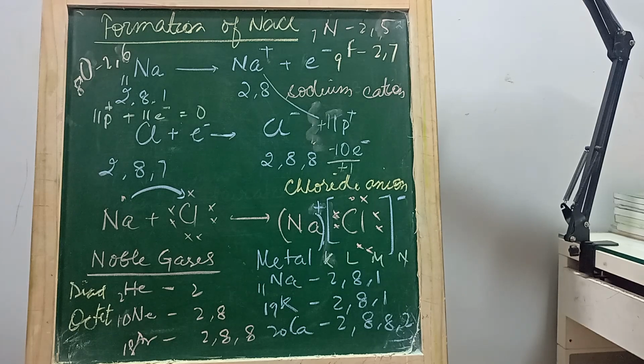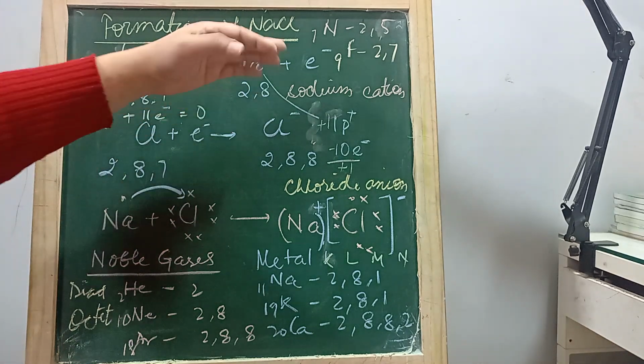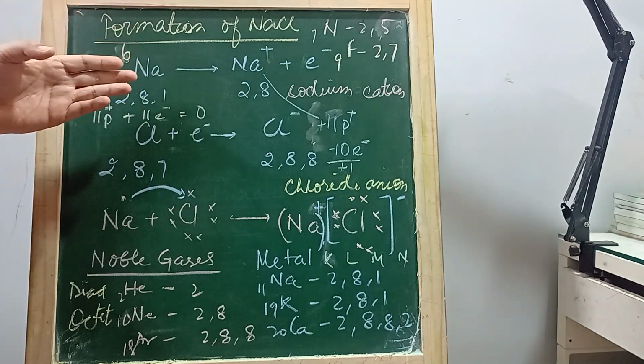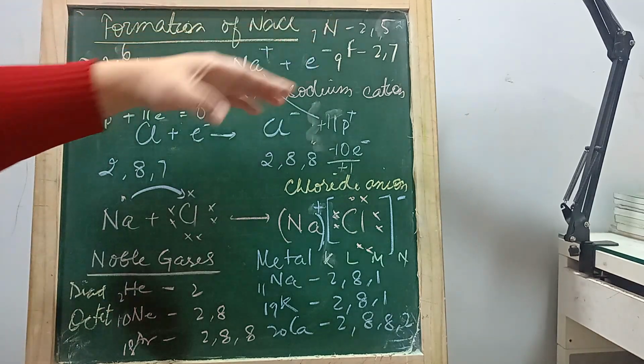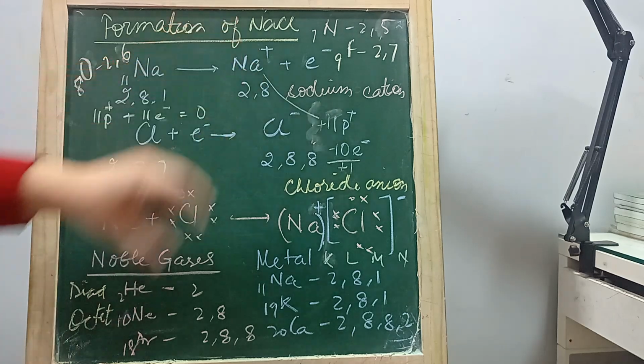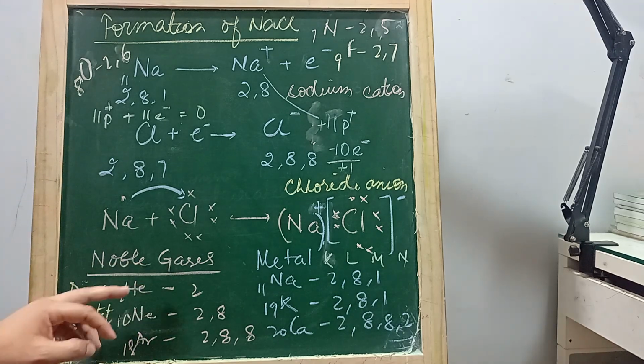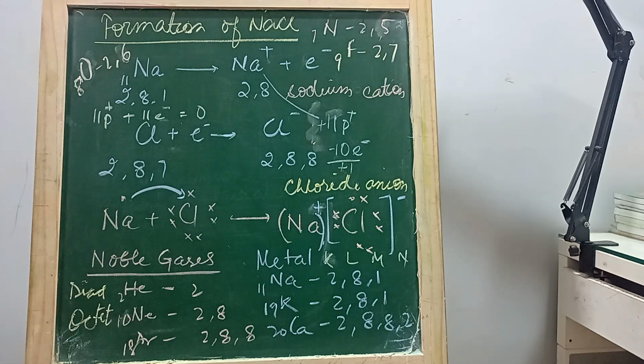But what is very interesting is that the sodium cation is more stable than the sodium atom. When sodium loses 1 electron and becomes a positively charged sodium cation, it becomes more stable. The reason is that you see the noble gases, helium, neon, and argon, present in group number 18.